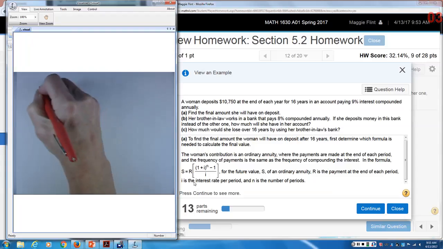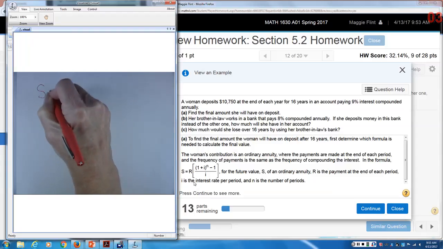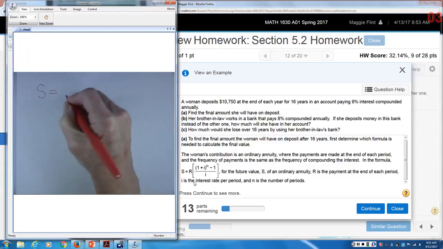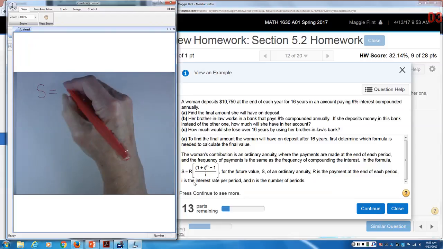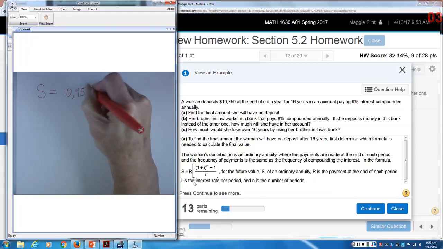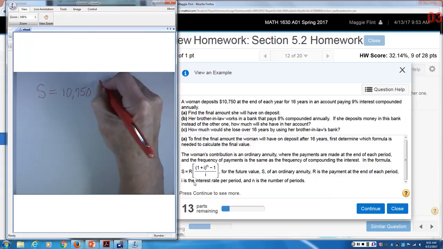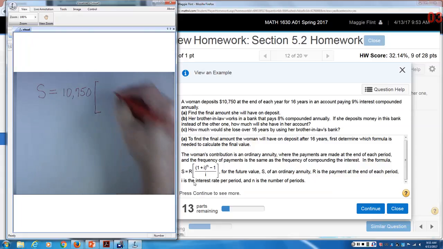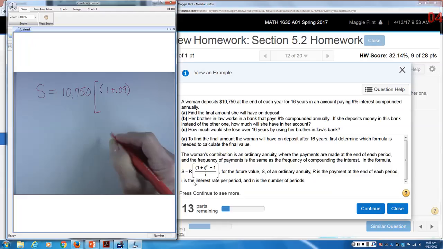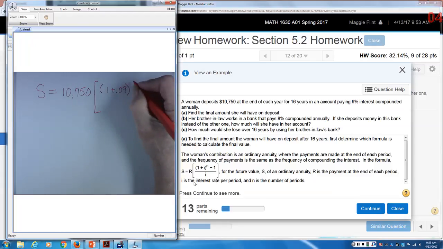So the formula is S, which is the future value, is equal to her payment amount, which in the example is $10,750, times 1 plus the decimal value of the interest rate, which is 0.09, raised to the nth power, n being how many times did they compound it?